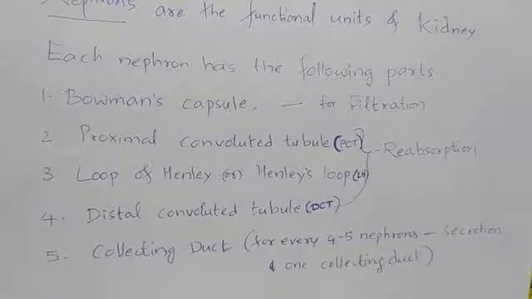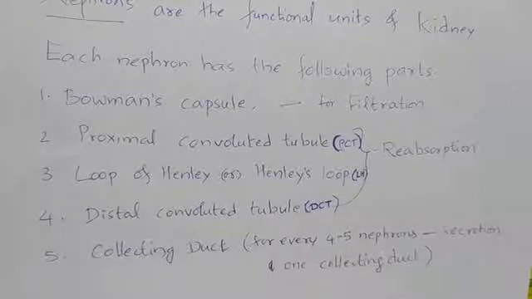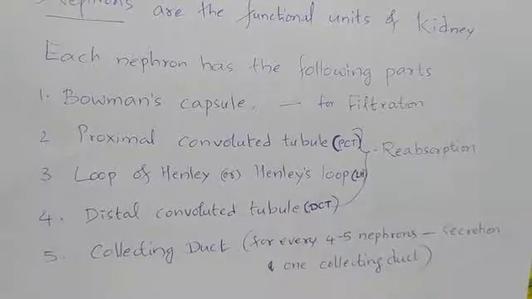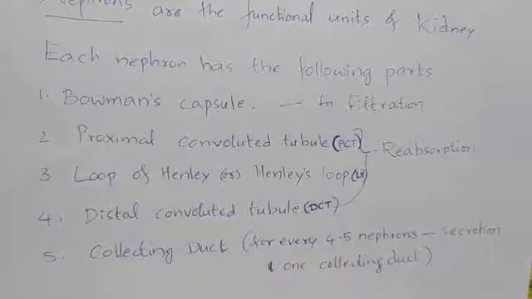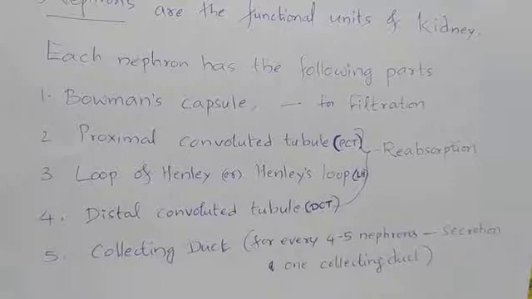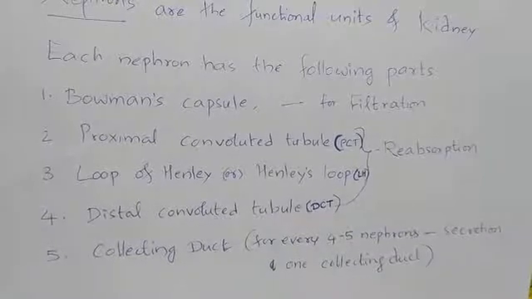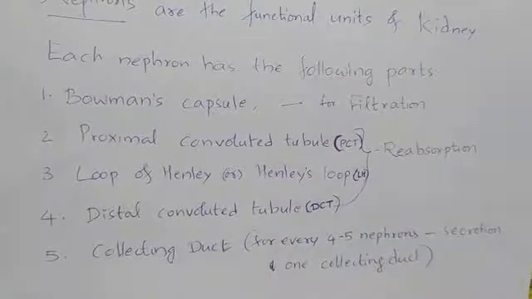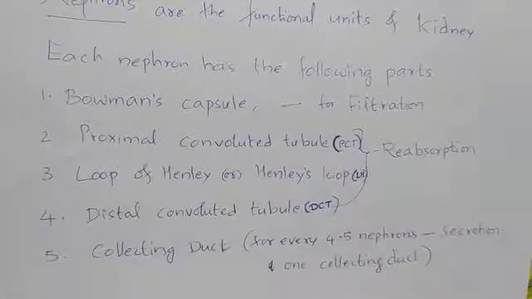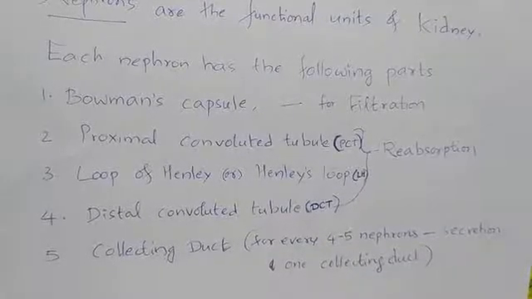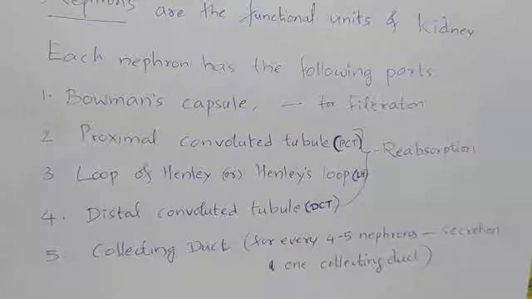And there is another convoluted tubule a little away from the Bowman's capsule, distal meaning far from, that is the distal convoluted tubule. In between these two, there is a hairpin-like structure, which is known as the loop of Henle.